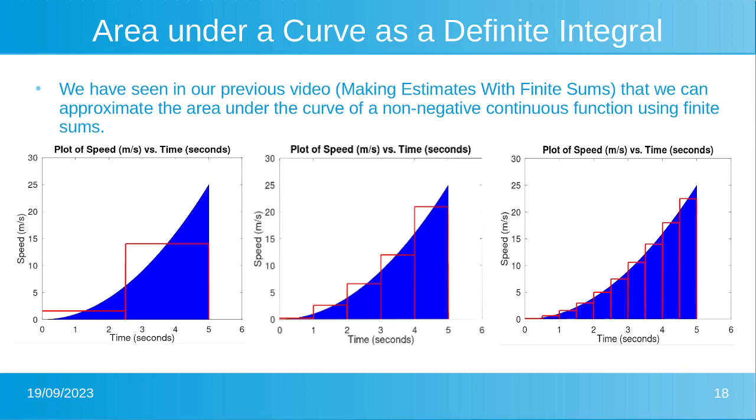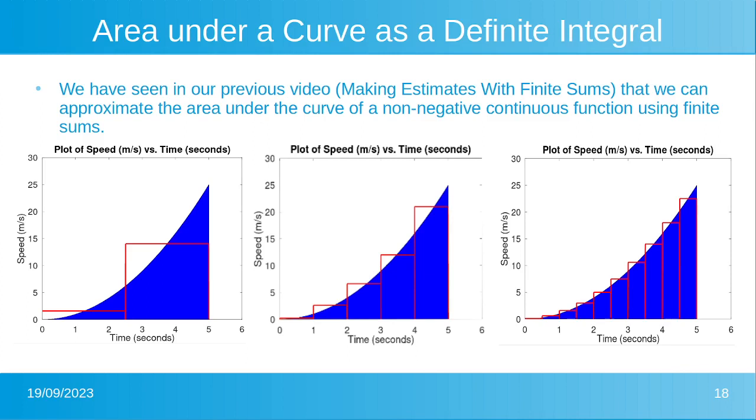And then we approximated the total area under the curve with the sum of the areas of the rectangles. And then we did that again in our third plot, but this time with even shorter sub-interval lengths, with a sub-interval of a half a second.